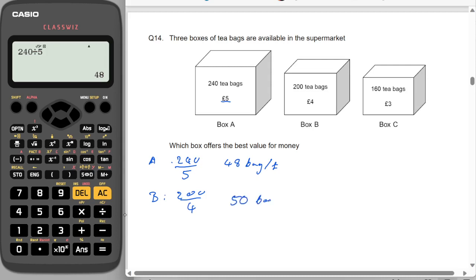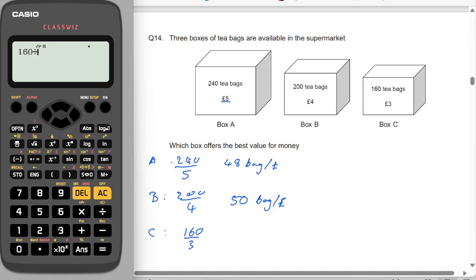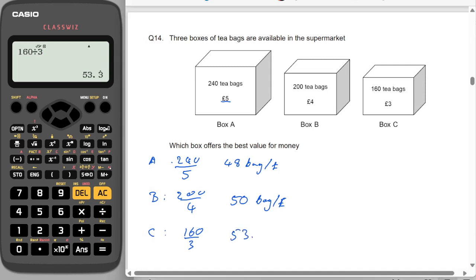So that's better value. And then for the third one, C, I can get 160 for £3. So 160 divided by 3 is going to be, I can get 53 and a third of a bag for each pound I spend. So which one is better value? Sorry, box. Box C is better value.